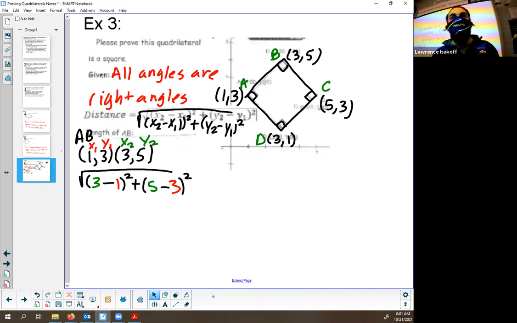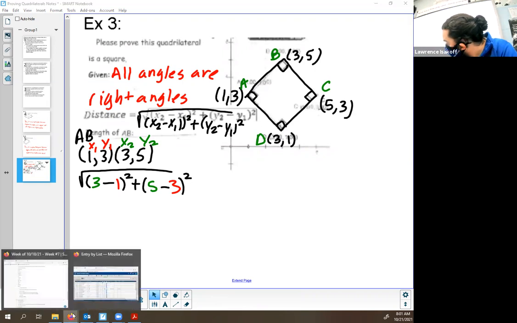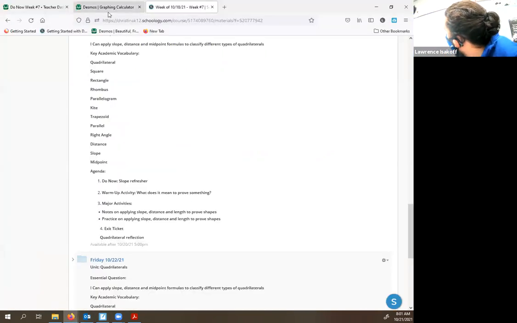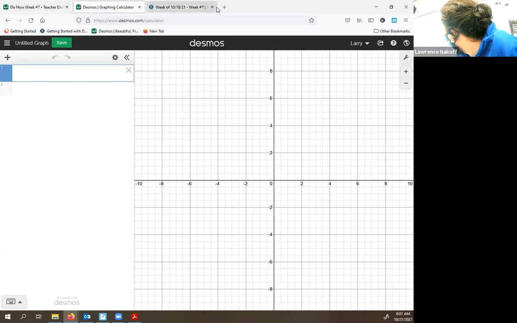Now, remember, I said we could just utilize the Desmos calculator. Just as long as what I put in the calculator looks just like this, we'll be good. Desmos calculator.